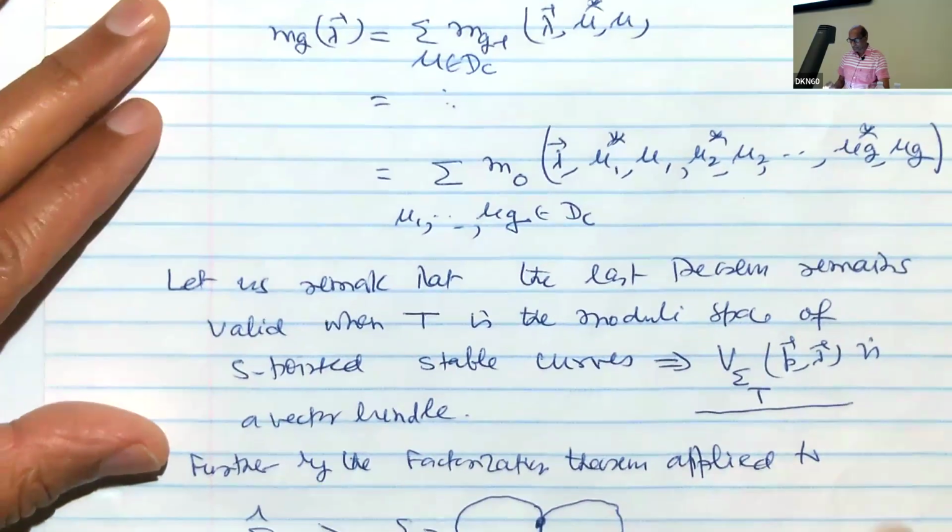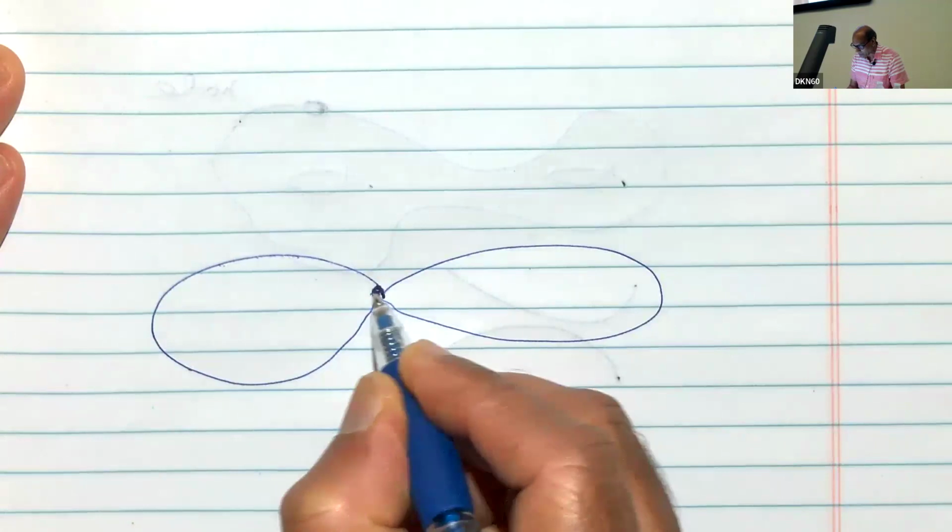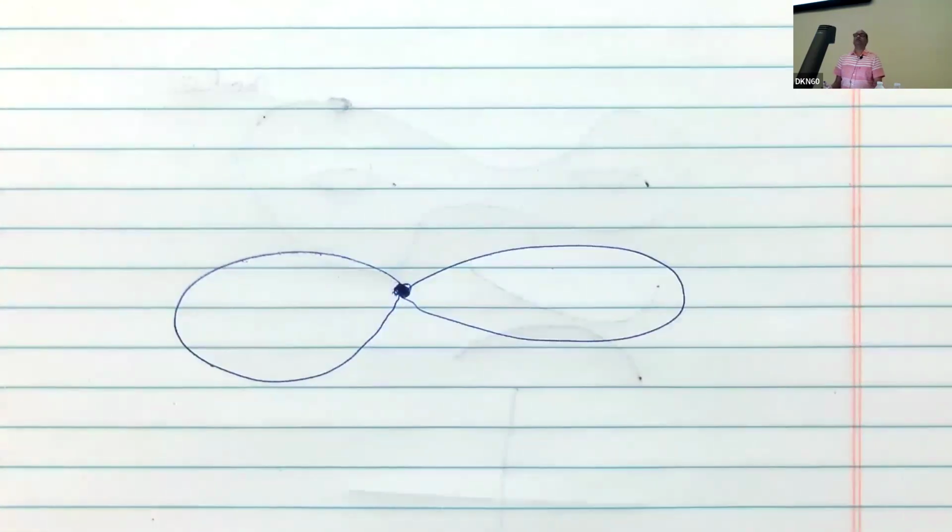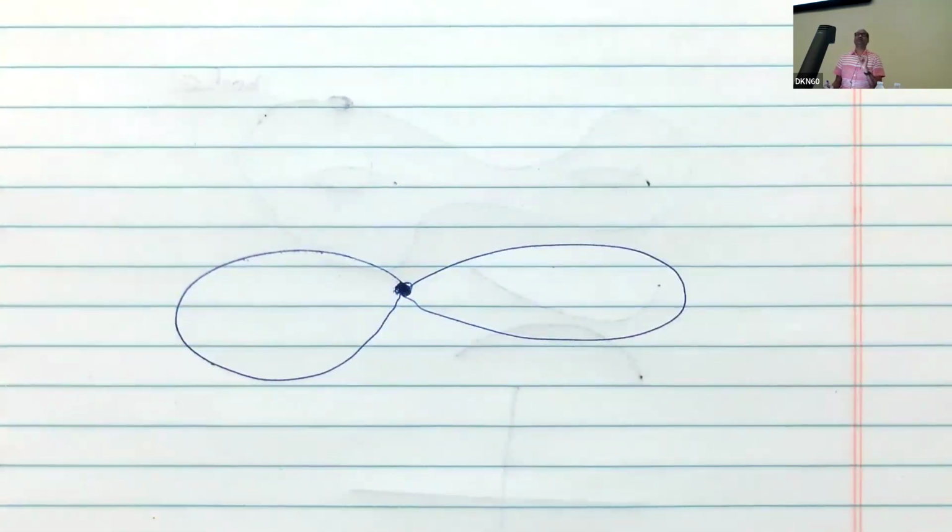So now the problem we have is on a curve of genus 0, which is P1. Now I am going to apply the factorization theorem, and let's draw this. So, a genus 0 curve, and I'm going to introduce a single node. That's my genus 0 curve with one single node.